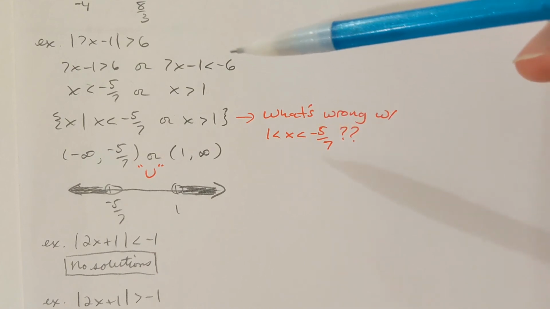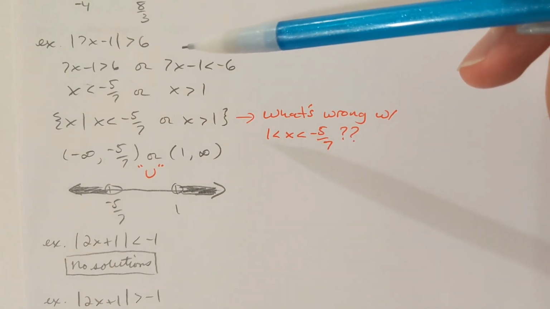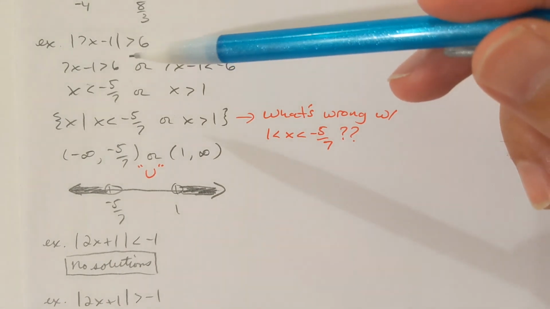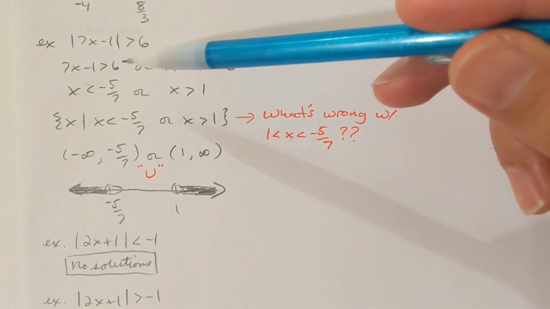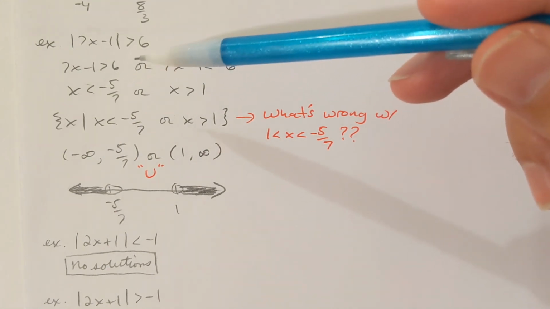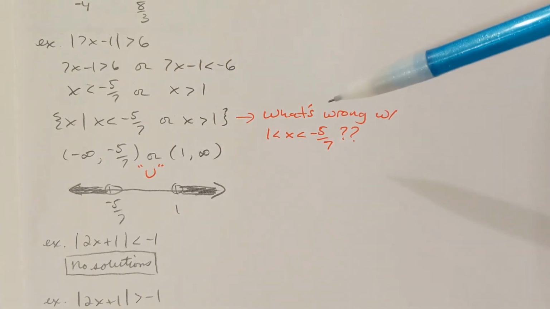Well, as a three-part, you'd be saying that 7x minus 1 is less than 6 and greater than negative 6.